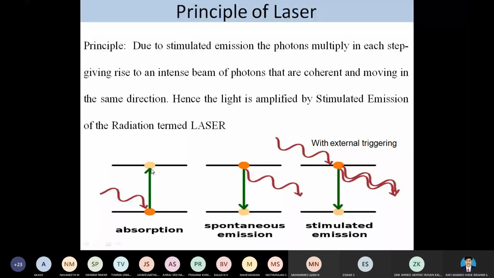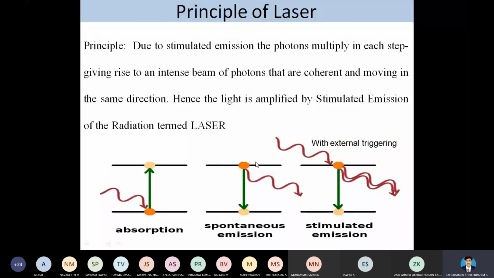Now it depends on the lifetime of the atom. Each and every atom has its own lifetime. Each and every element has its own lifetime. Based on the lifetime, the atom will not stay permanently in the higher state.